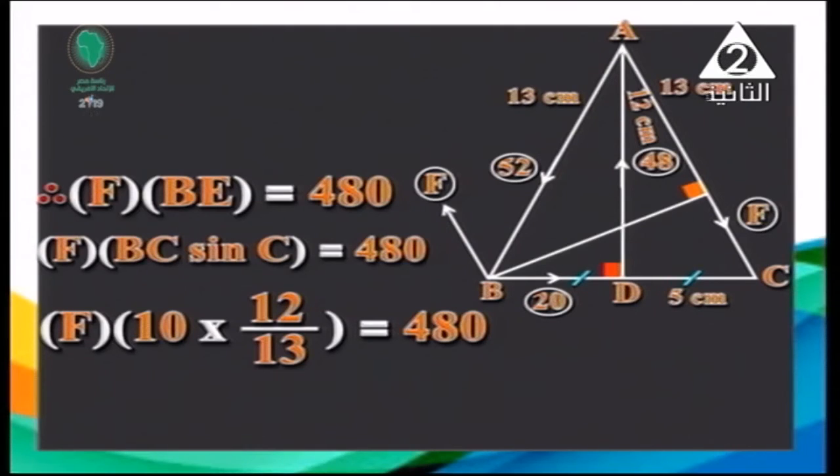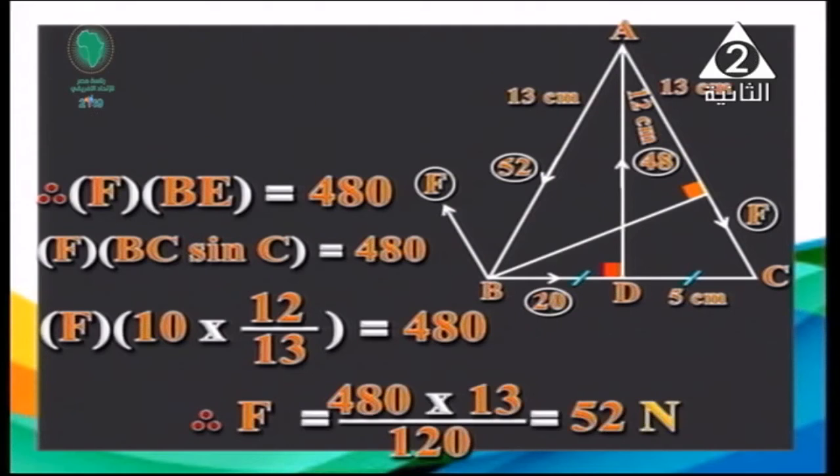Also BC equals 10, therefore F times 10 times 12 over 13 equals 480. By dividing, F equals 480 times 13 over 120 equals 52 Newton.